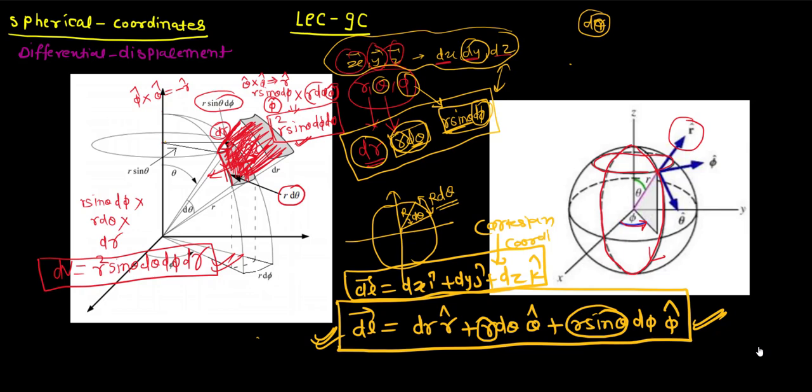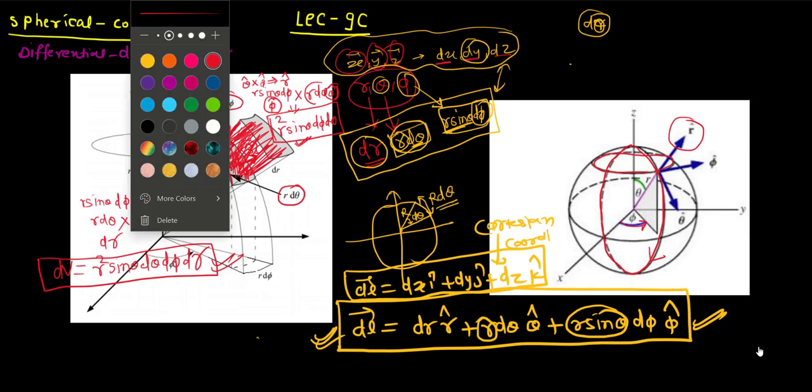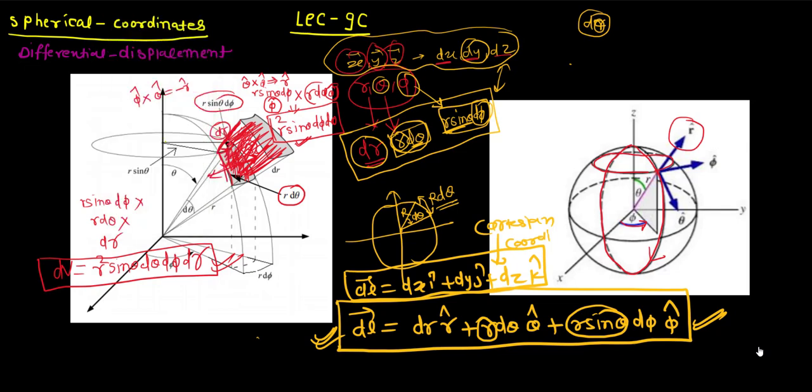So we have found the volume as r square sin theta d phi d theta dr. Volume is just length multiplied with width multiplied by height if you consider each small surface as a rectangle.